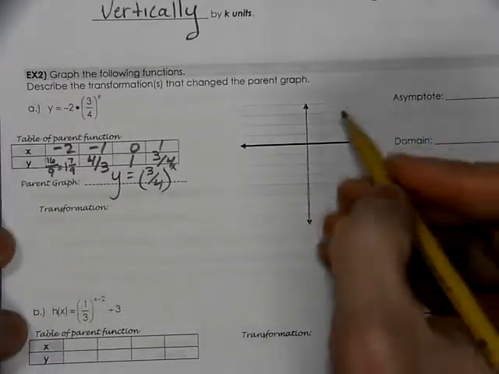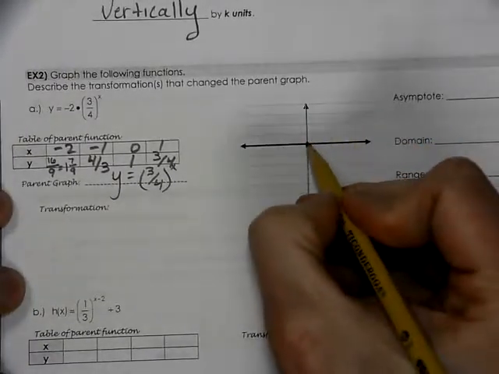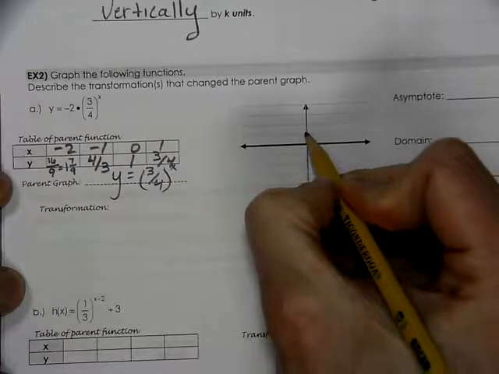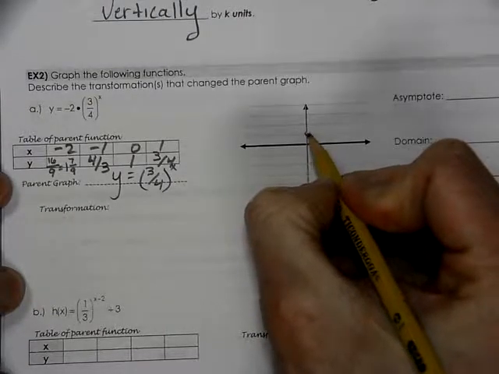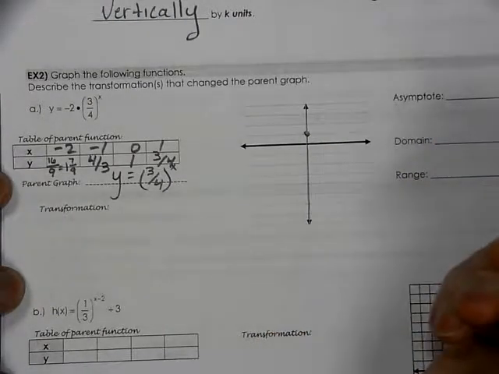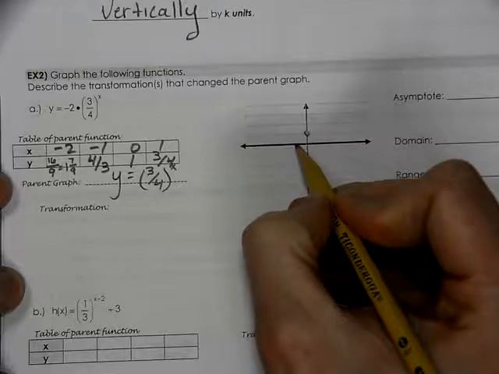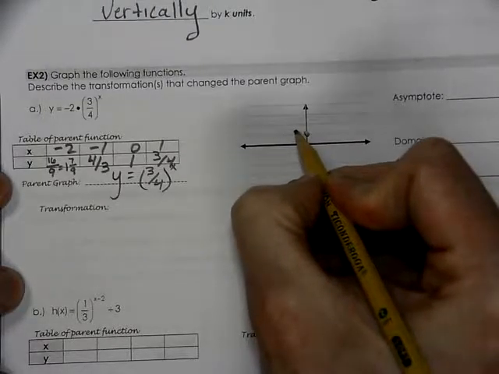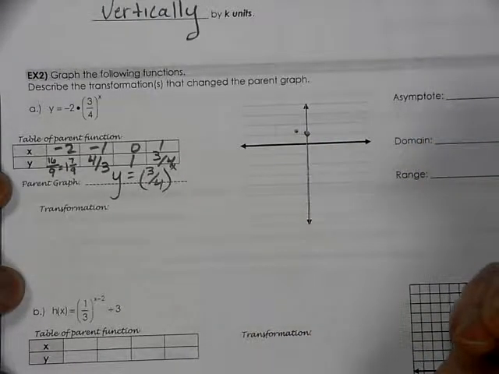So we come over here to our graph, and we're going to have our first point at 0, 1. Remember, we're just graphing the parent function at the moment. At -1, we're up at 1 1/3.